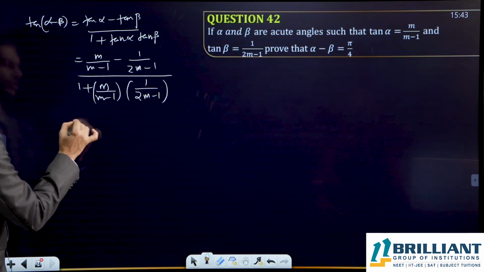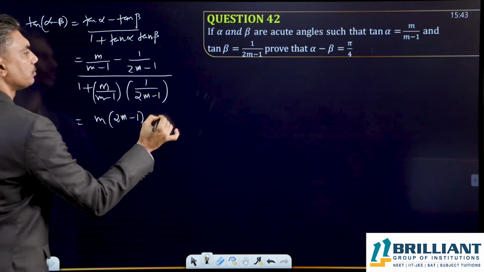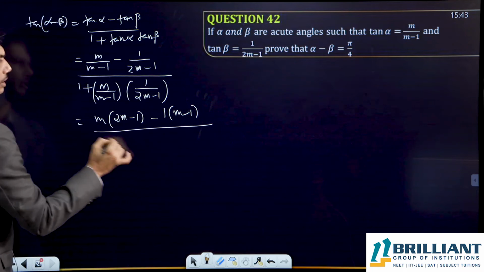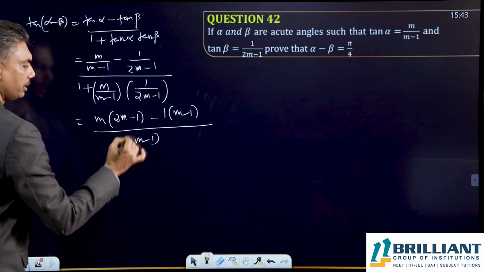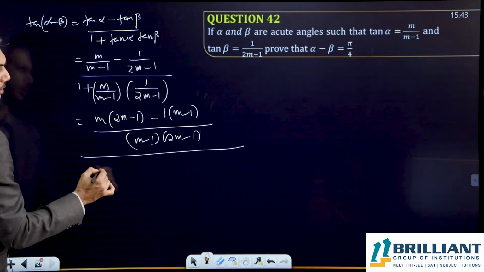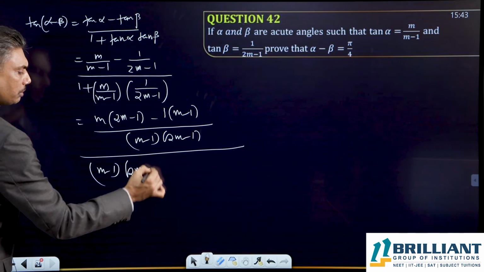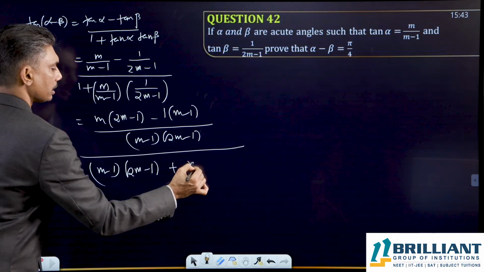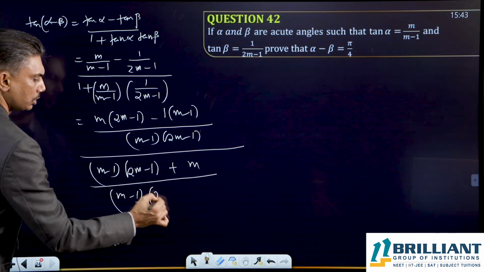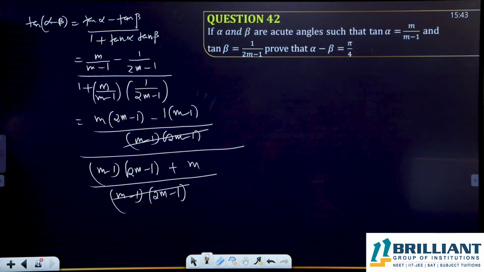Now this is equal to m into 2m minus 1 minus 1 into m minus 1 by m minus 1 into 2m minus 1 by m minus 1 into 2m minus 1 plus m by m minus 1 into 2m minus 1. Get cancel, cancel.